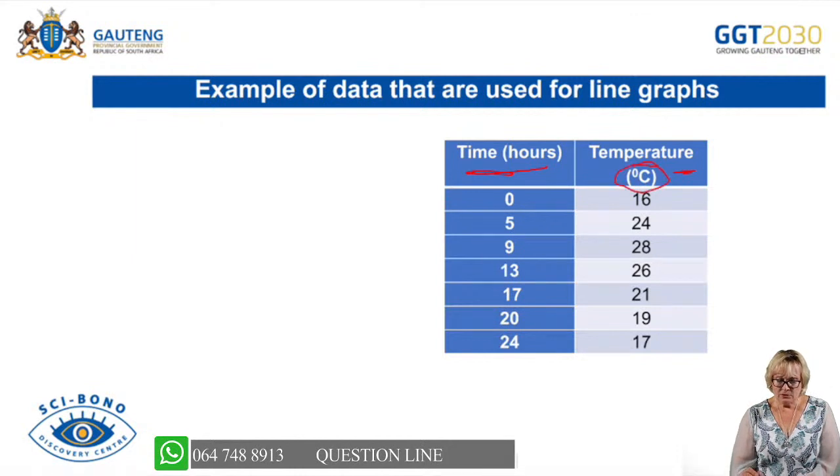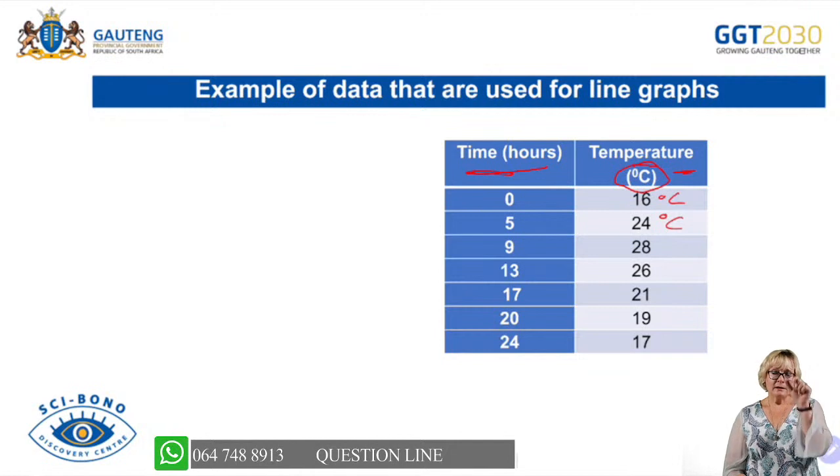There. On top, it's part of your column heading. So you don't write here in every cell 16 degrees Celsius, 24 degrees Celsius. No. In life sciences, we include the unit in the column heading on the top. All right, so that's important for you also to remember.